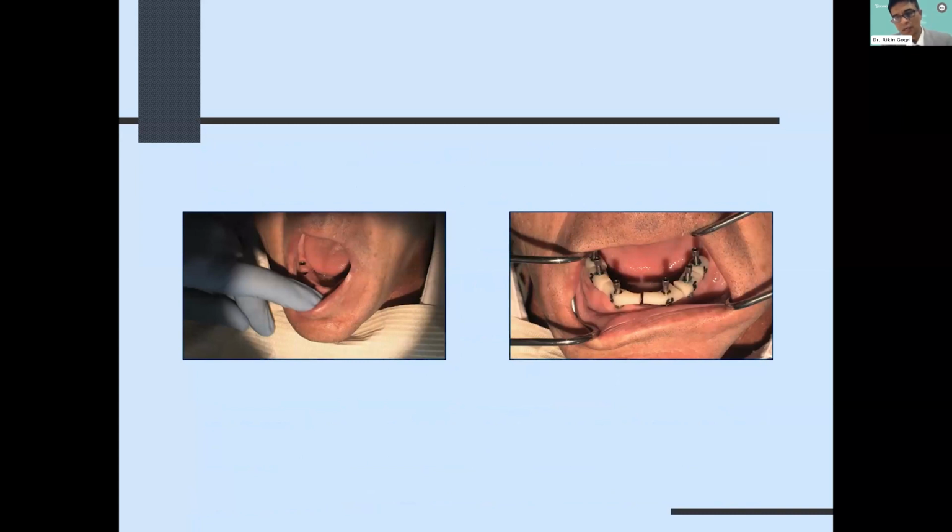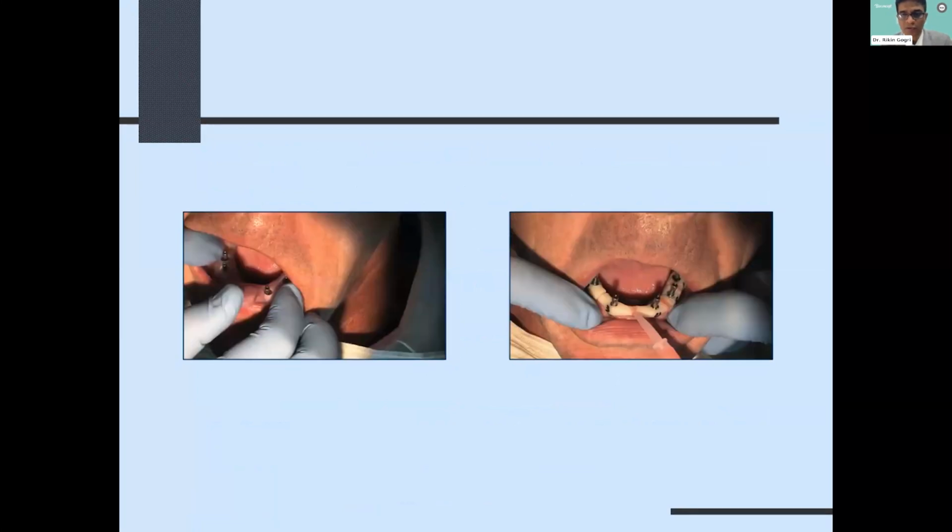Once they have been torqued, hand tied, you put your pattern resin around it between the joints of your lab prepared jigs, and then you take your impression and similarly transfer it with the lab analogs back to the lab. This definitely gives a far more accurate impression, and you are almost sure of your recording.